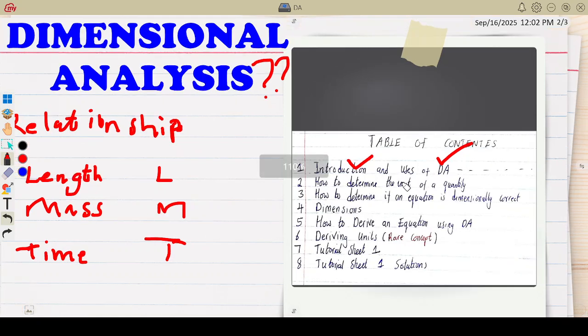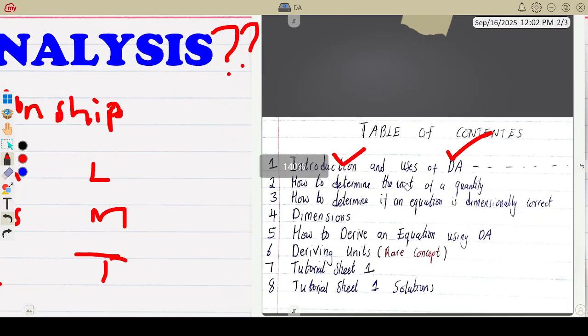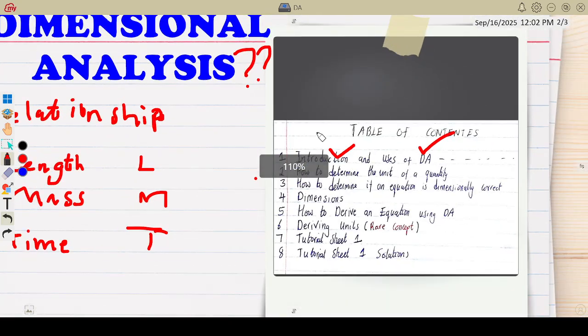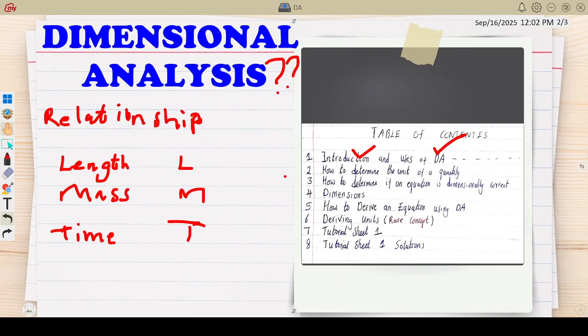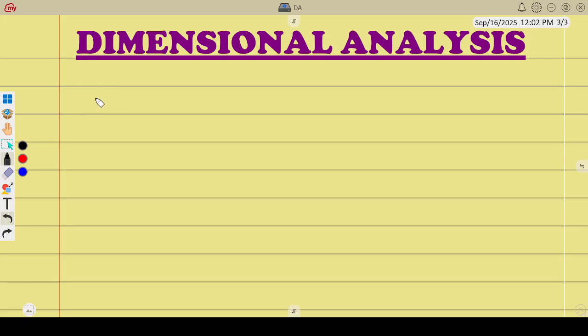How to determine, are you able to see these? So how to determine the unit of a quantity? Here we'll spend at least 3 minutes or even 5. This is quite basic.